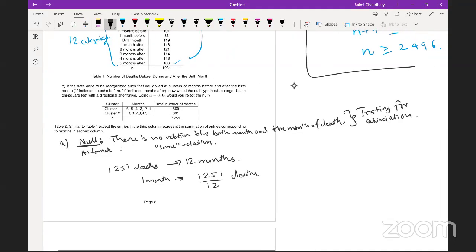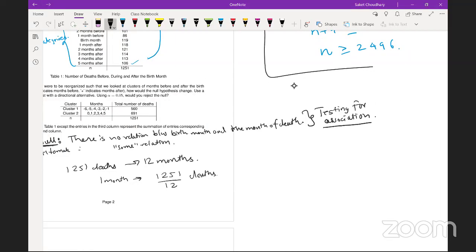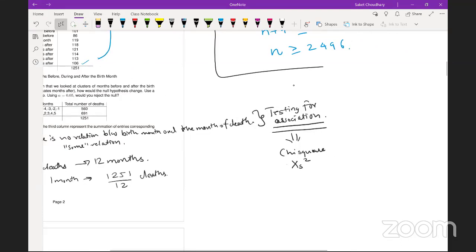So the choice of statistic, whenever you look for association, in most cases, is going to be the chi-square. Okay, and the chi-square is essentially a very simple statistic. So the chi-square statistic essentially tells you the deviation of the observed value, which is O_i, from the expected value, having accounted for the expected value.